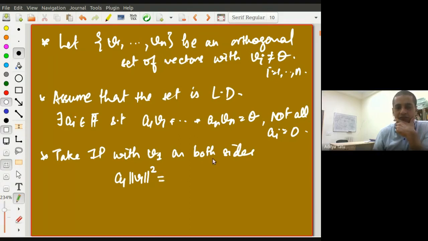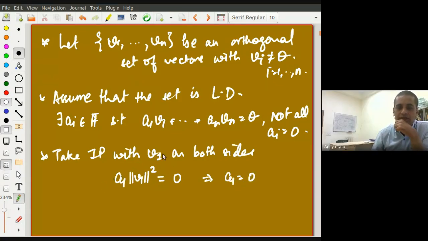So this is equal to, what would be the right hand side? The inner product of v1 with the zero vector is of course 0. So what does this imply? a1 is 0.